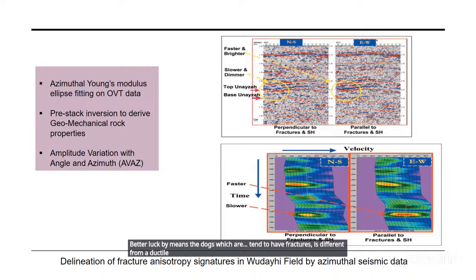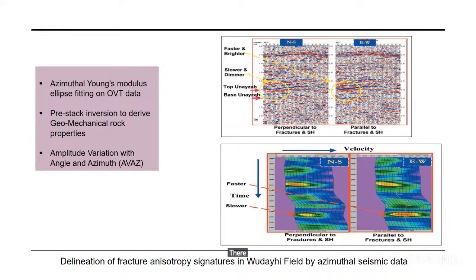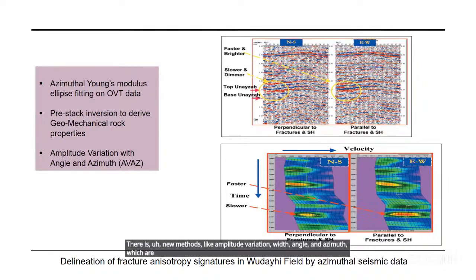So that particular philosophy or information is used to delineate fractures by doing pre-stack inversion. There are new methods like amplitude variation with angle and azimuth, which have now become quite famous.